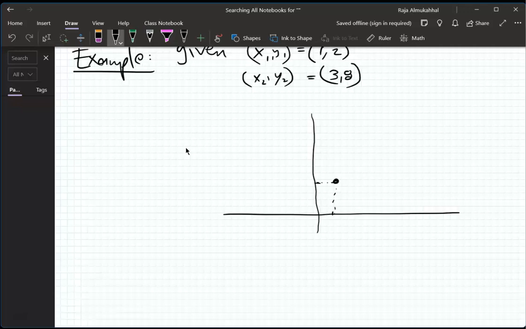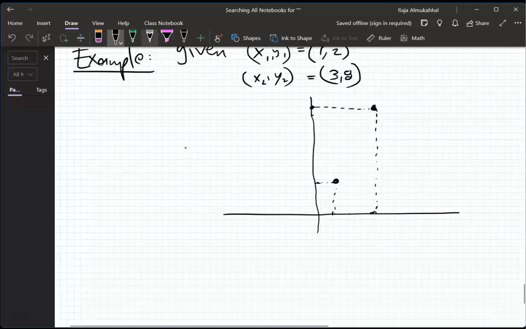Here's the point. And then I have 3, 8, so that's 1, 2, 3 right here, and the 8 somewhere up there, let's say it's here. And I wish there was a ruler to draw that. It's going to be hard for me to draw the line.